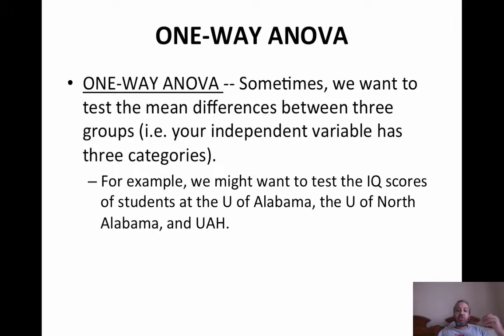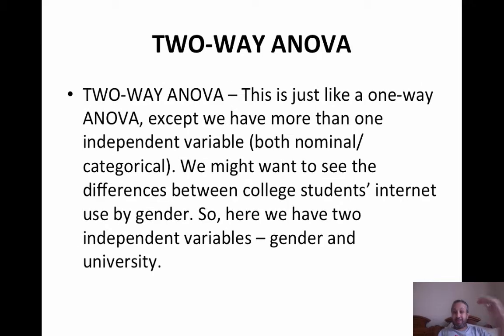But now you don't just want to look at the students at these schools as a broad category. You want to break it down by males and females. So now you basically have two independent variables. You have the university and you have the gender, right? And the dependent variable would be, what's the example that I gave here? Internet use, right? That's your dependent variable.